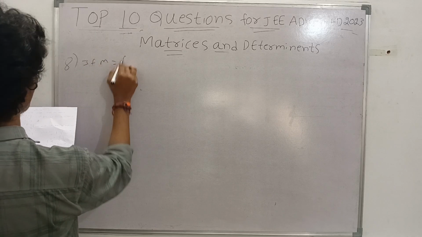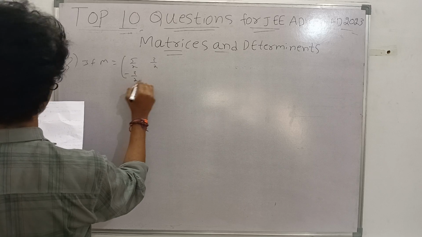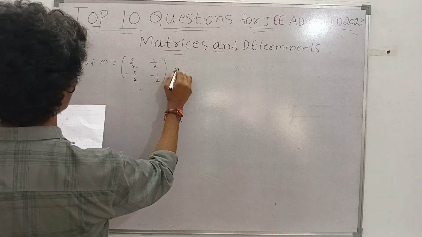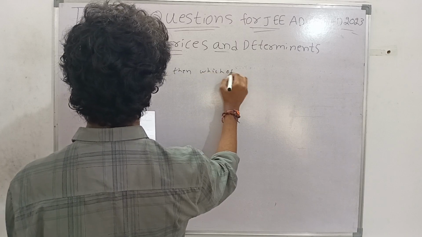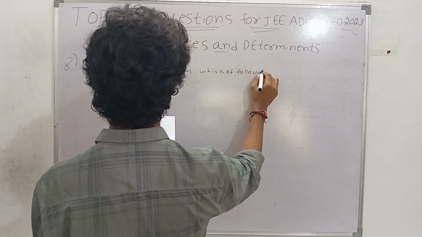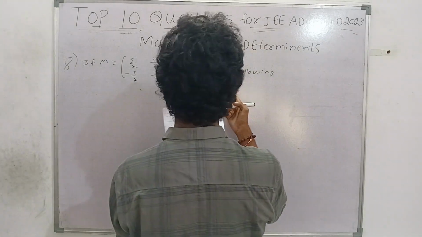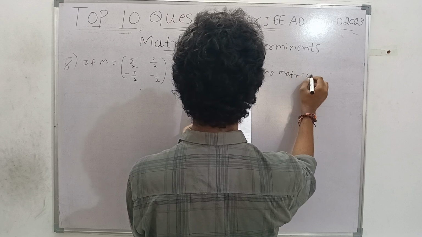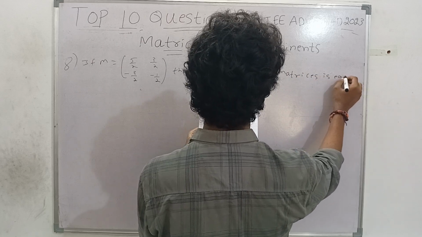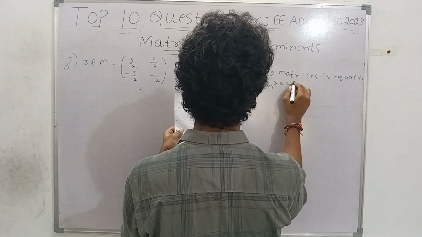If M equals 5/2, 3/2, minus 3/2, minus 1/2, then which of the following matrices is equal to M power 2022?